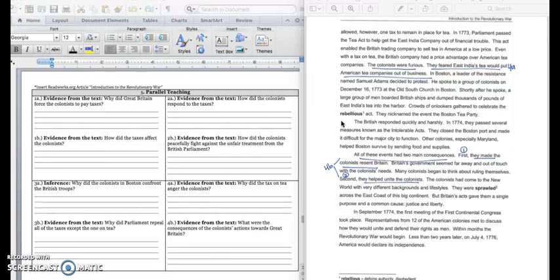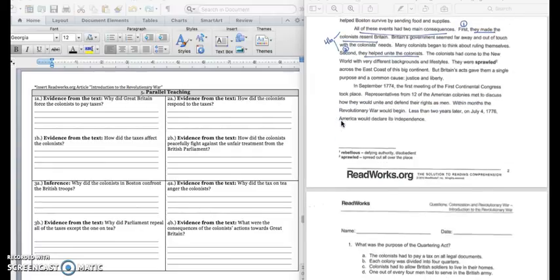The colonists had come to the New World with very different backgrounds and lifestyles. They were sprawled across the east coast of this big continent, but Britain's acts gave them a single purpose and a common cause: justice and liberty.